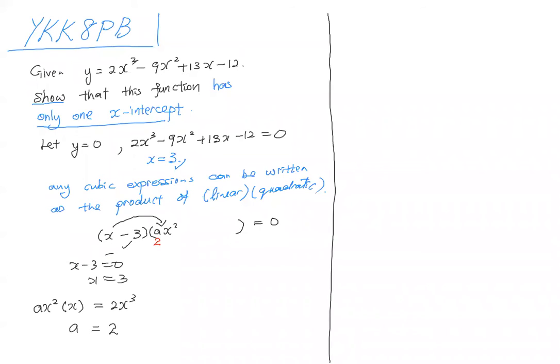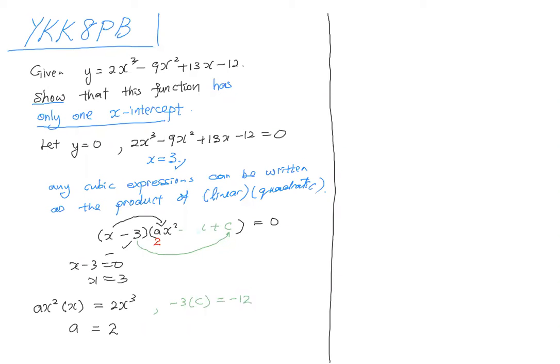Then another thing that I know also, if this times this, the back one, C. So I also know that -3 times C is equal to -12. Am I right?